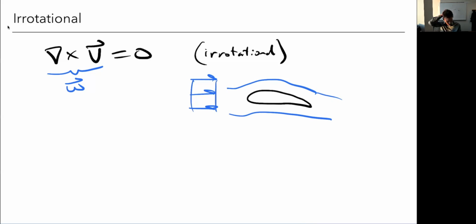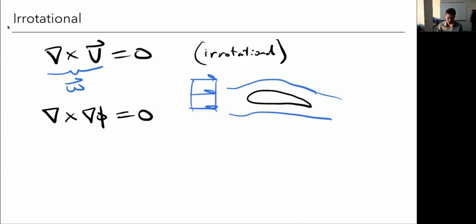Well, why is that useful? Well, it's not by itself super useful yet. There is one usefulness: there's a vector identity that the curl of any gradient field is always zero, where phi is just some arbitrary scalar function, anything. This is always true.